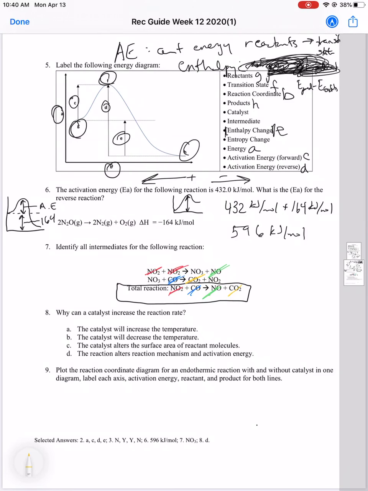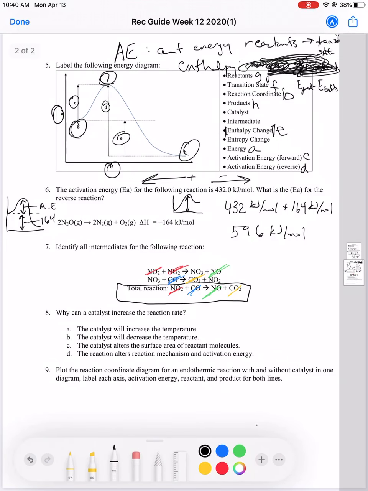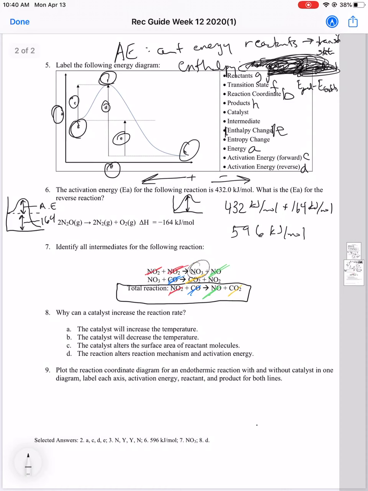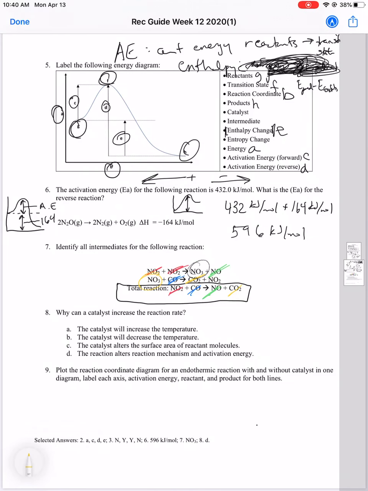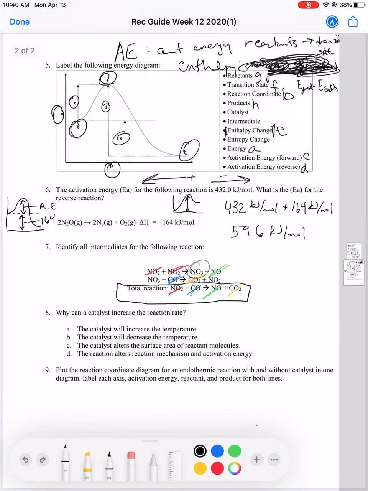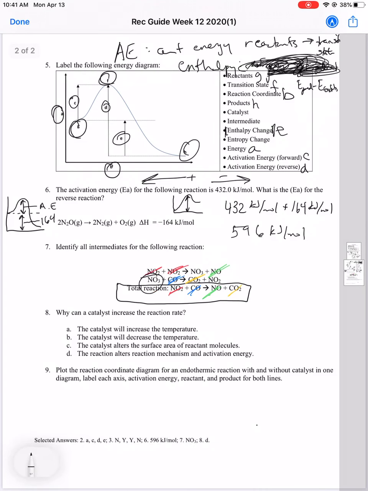So you can see we've gotten rid of all the products and all the reactants, and that leaves us with our intermediates. We only have one intermediate, and that is NO3.